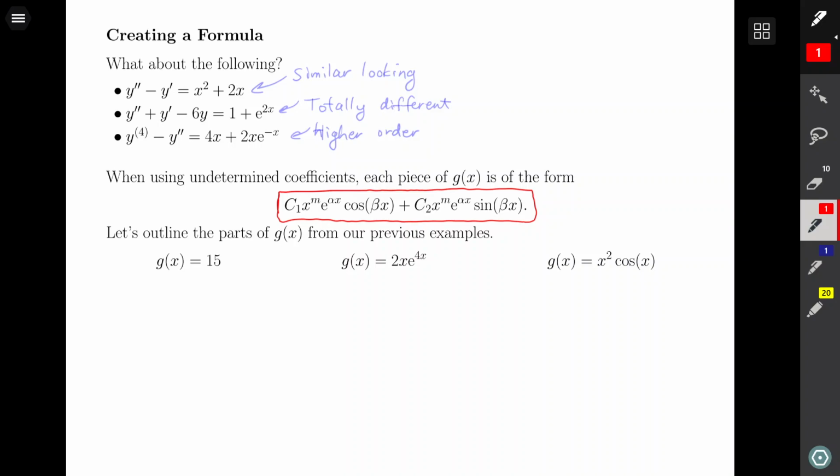There's always a constant multiplied by a power of x, multiplied by an exponential, multiplied by a cosine, and then plus a similar thing involving sine. So that looks super complicated, but it really isn't because you can break down all the examples that we've done so far in terms of those pieces that are shown here.